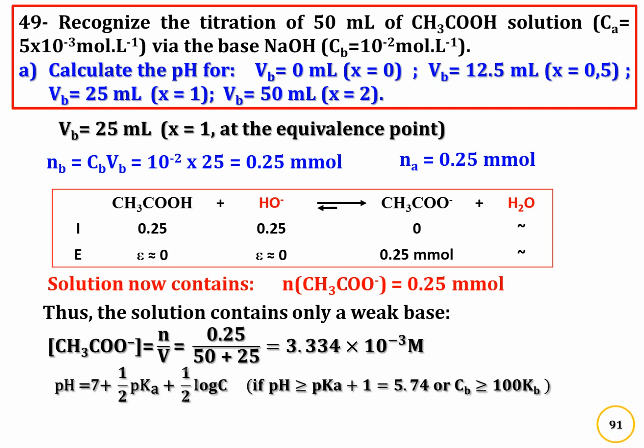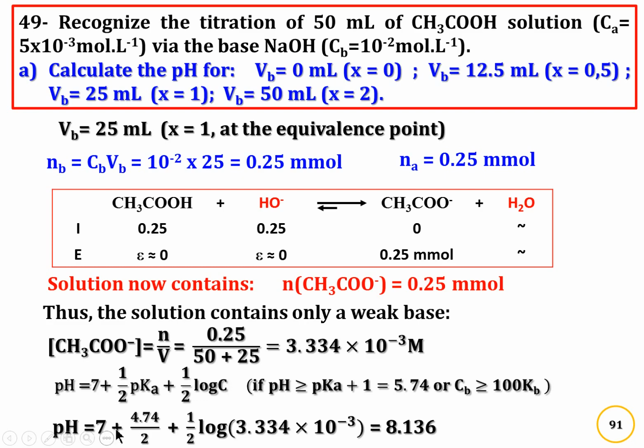So we have to look at the domain of validity. If the concentration of the base at equivalence is greater or equal 100 Kb of the couple involved, or if the pH is greater or equal pKa plus 1, we can apply directly the relation pOH equal half pKb of the couple minus half log C, and we transform pOH to pH, so we obtain the relation pH equal half pKw, which is equal to 7, plus half pKa plus half log C. To note that C is the concentration of the base at equivalence.